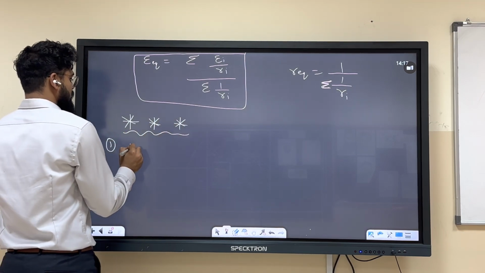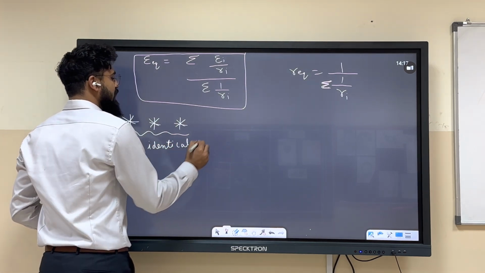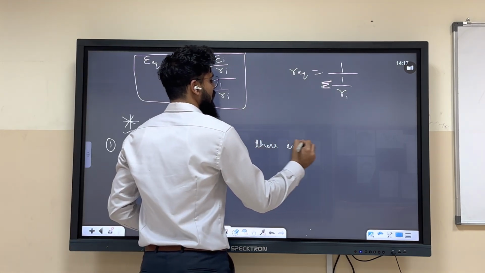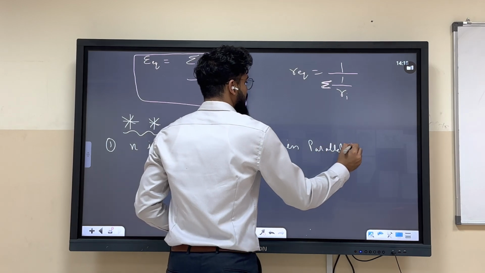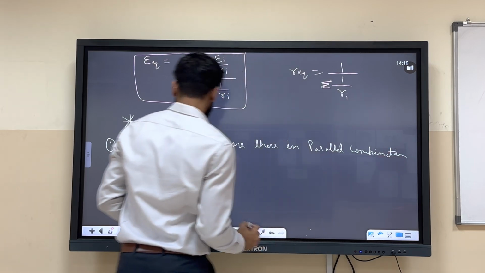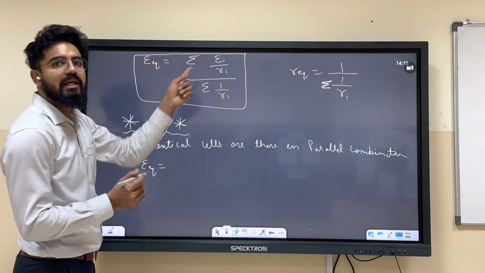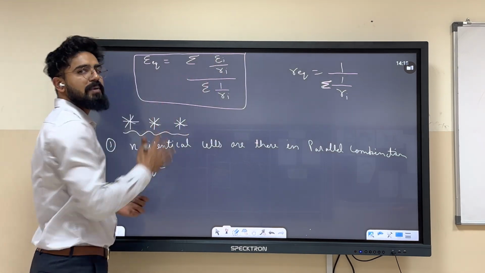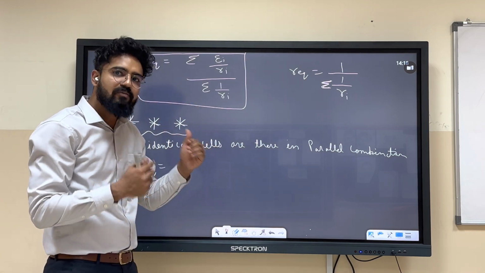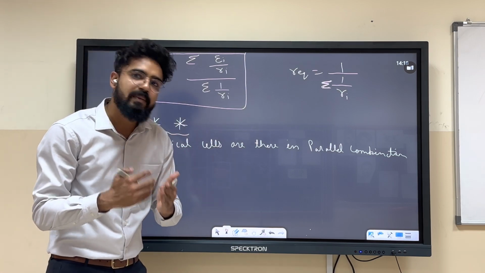So now the special points. Let's say n identical cells are there in parallel combination. Okay. So E equivalent will be written as E. EI will be E only, and RI will be R, the EMF of each cell will be the same E, and the internal resistance of each cell will be R only, correct?